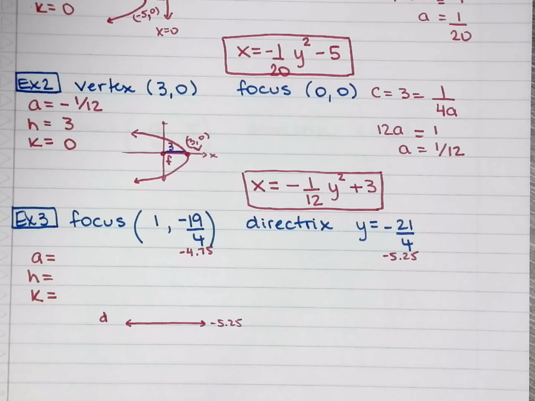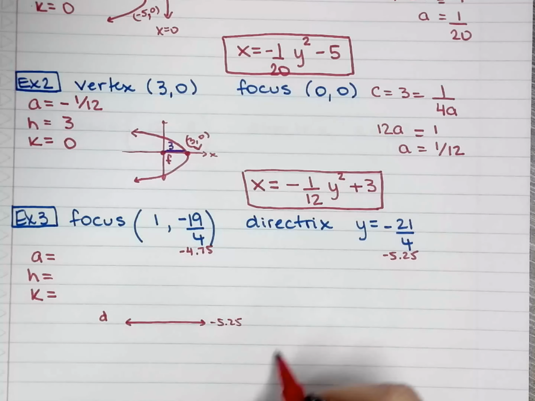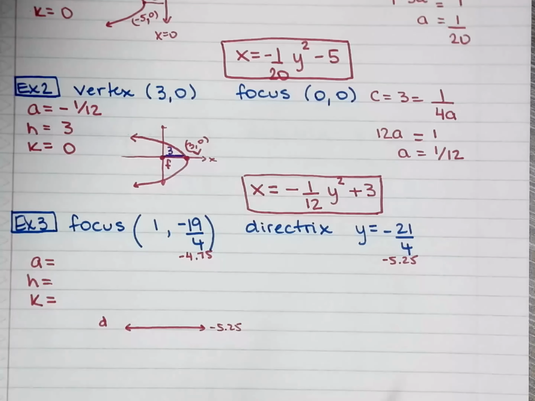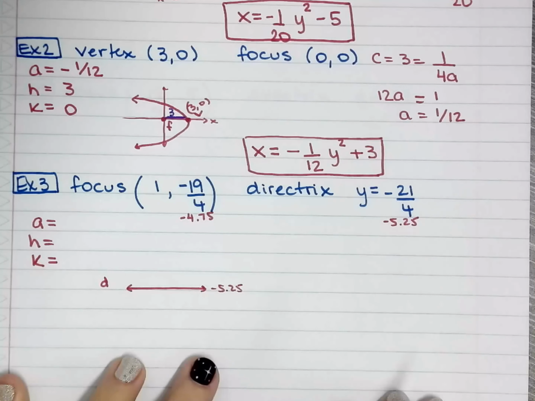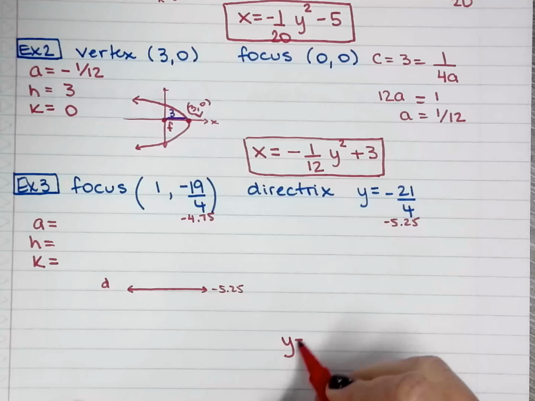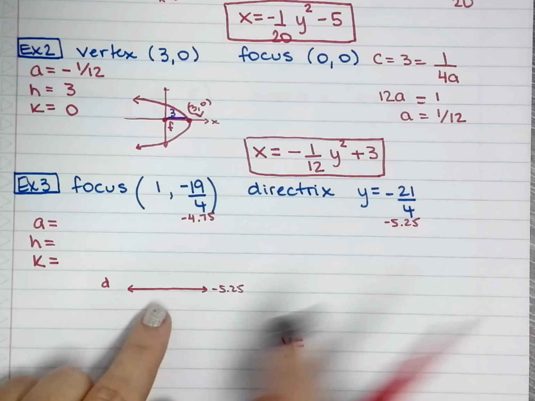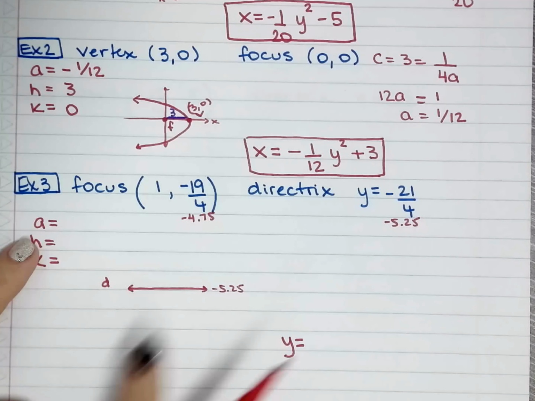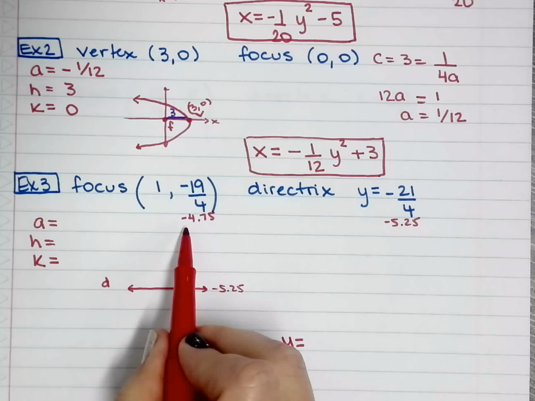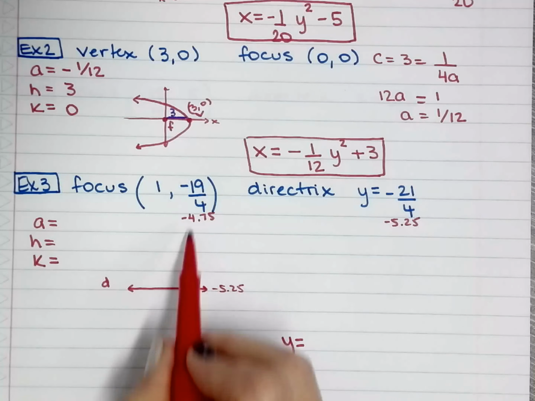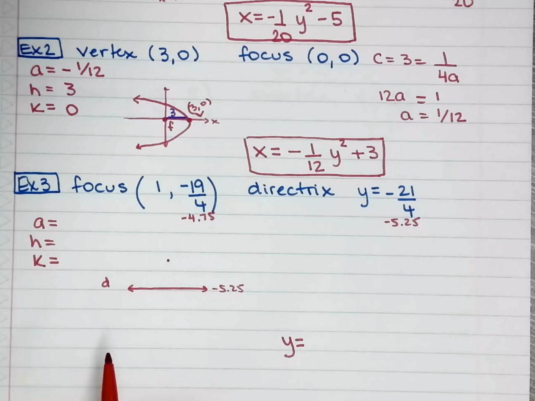At this point, I already know it's going to be a y equals parabola. Y equals. Okay? All right. So the focus is somewhere over here at negative 4.75. So it's, I don't know, right there somewhere.